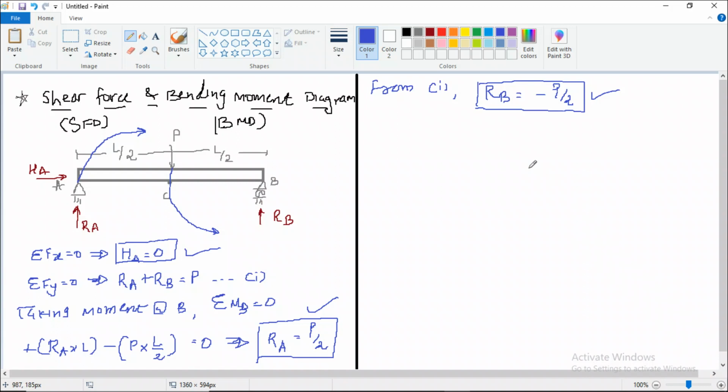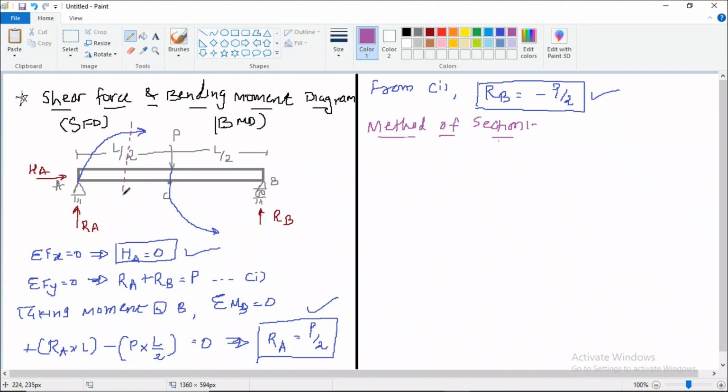For that we use the method of section. Method of section means we divide our beam into different spans, and for those different spans we draw these diagrams. So let us say we take section XX in the first portion AC.